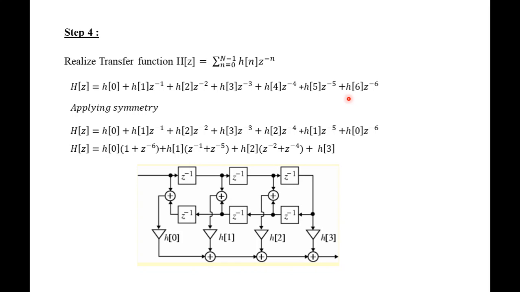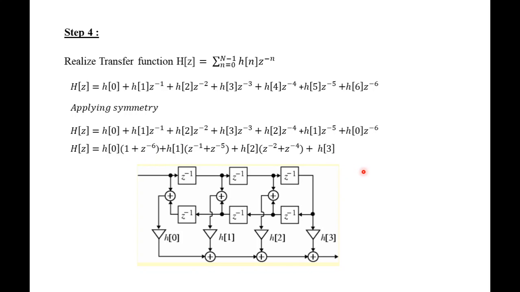We are exploiting the symmetrical property of the filter coefficients, where h of 0 will be equal to h of 6, h of 1 will be equal to h of 5, h of 2 will be equal to h of 4, and h of 3 will be the point of symmetry. So applying symmetry and grouping, we get h of 0 into 1 plus.